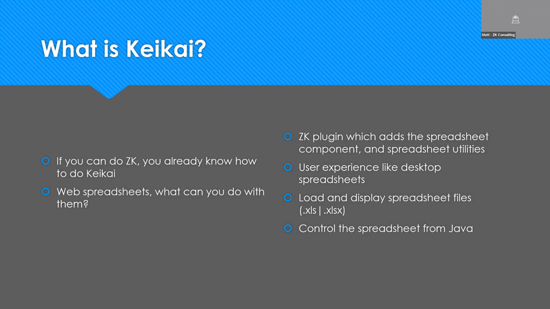And because it is essentially a large ZK component, if you already know how to do a page with ZK, you already know how to control the spreadsheet. You will have the spreadsheet component, you will have utilities which let you interact with the model, and you will have all of the good stuff, event listeners, all of the API that you're familiar with in ZK, and you will control it in Java code.